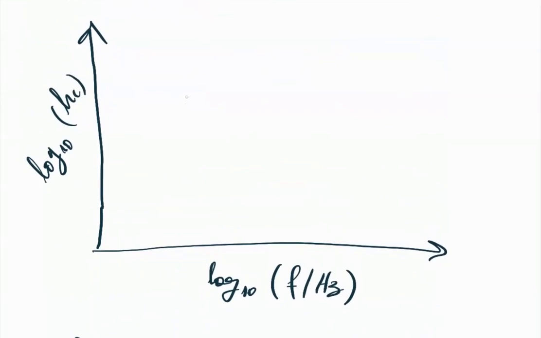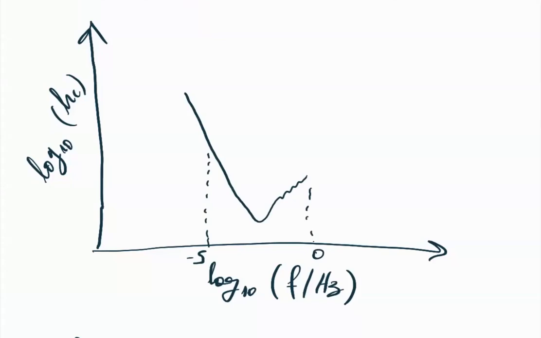For instance, let's have a look at my favorite one, which is LISA. Something like that, okay? Around here, this is 10 to the -5. And this should be here, should be around 0.